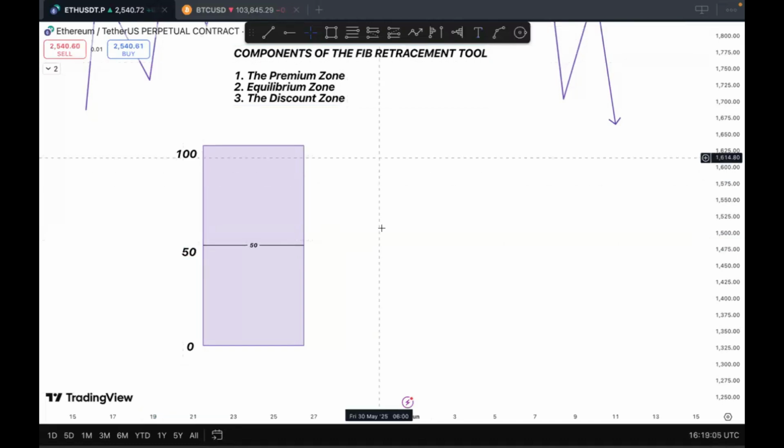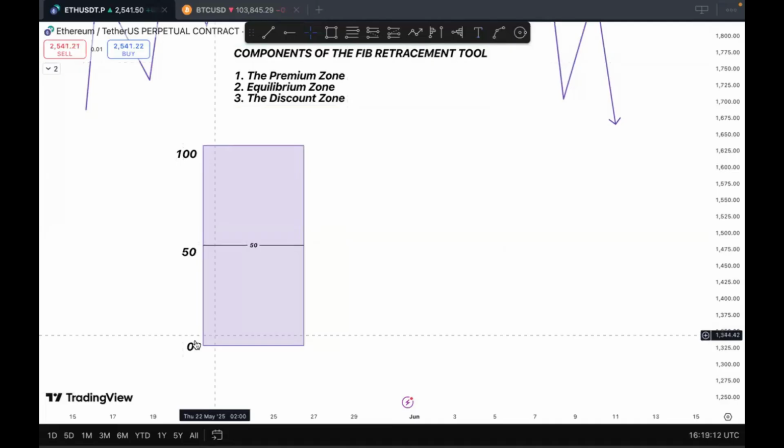So this is a Fib retracement tool, and we're using this as a Fib retracement tool. On the Fib retracement tool, we have 0, 50, 100, 0 to 100. And the equilibrium is 50.